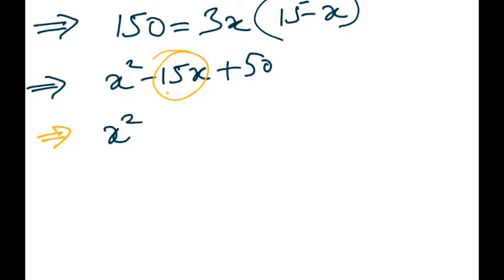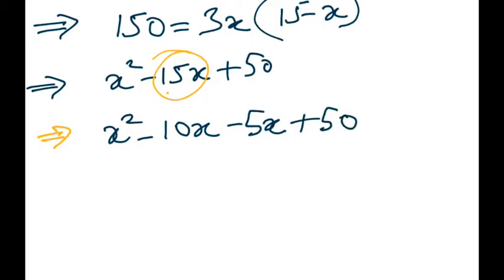This will become x square minus 10x minus 5x plus 50 equals 0. So I think I'm just skipping one step.